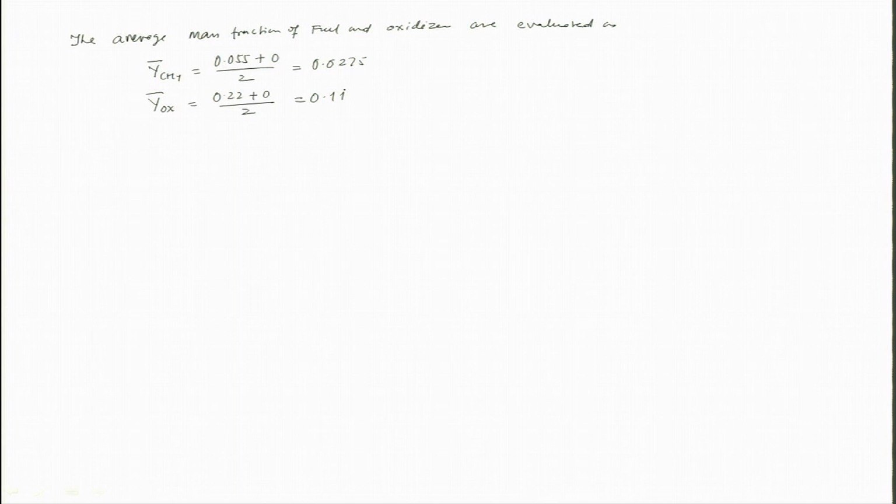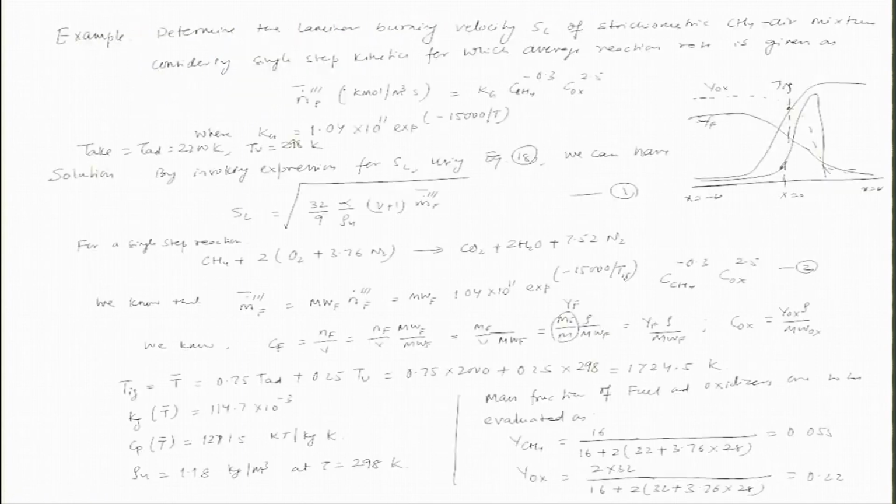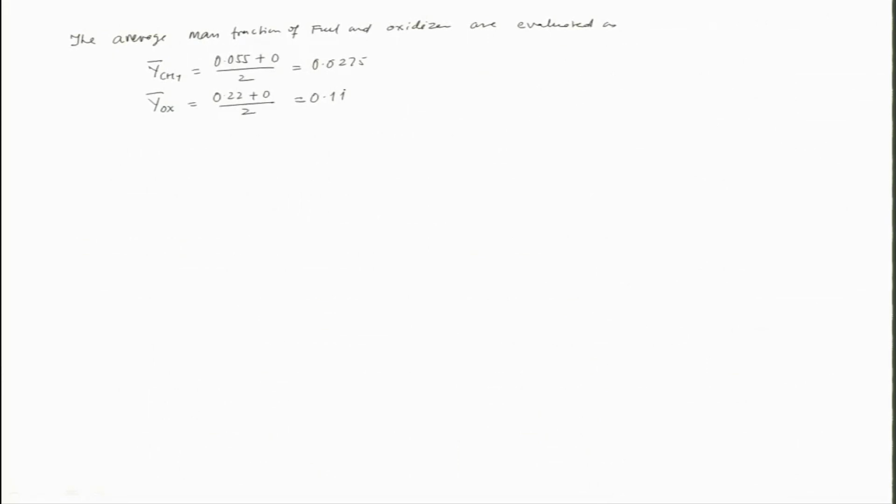So, equation 2 becomes, I can write down as omega F average equal to 16, molecular weight, into 1.04 10 power 11 exponential of minus 15,000 divided by 1724.5.